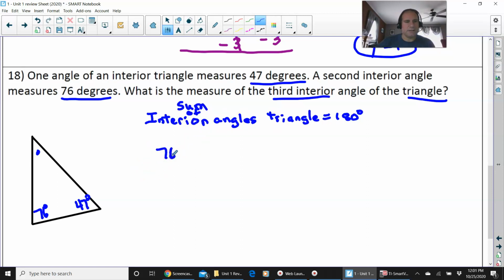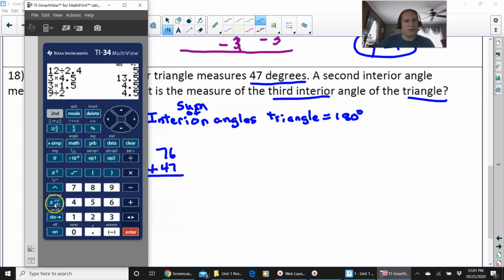So you take 76 plus 47, which equals 123. Then, since this is a triangle, it equals 180 degrees in total when you add up all the interior angles of a triangle.